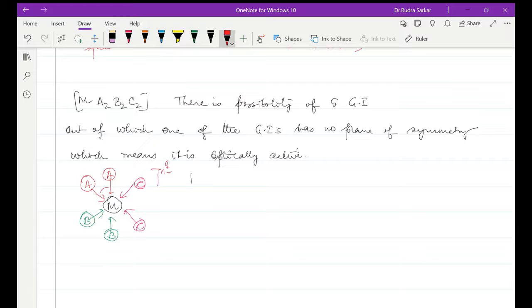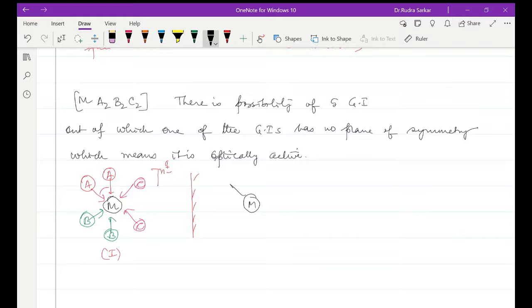That means there will be another unit which will be a mirror image of, say, this molecule Roman 1. So what will be that mirror image? How to draw the mirror image? Place a mirror plane and place the atoms at an equal distance.